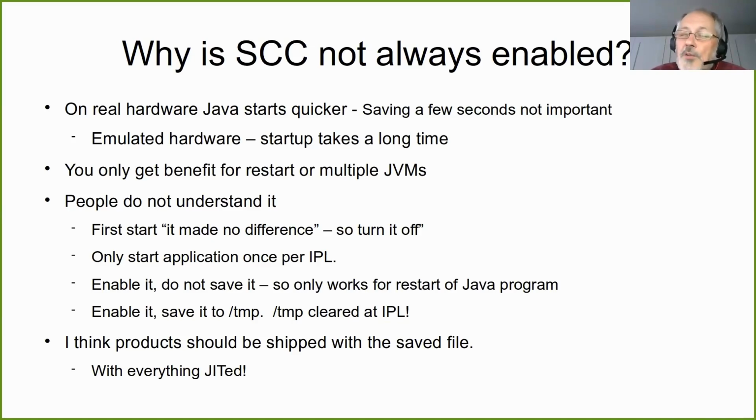So next time they IPL'd, they had to start from scratch again and say, well, we've got no benefit here. It's not helping us. I also saw one comment where they would save to the default directory /tmp, and every time they IPL the box, the procedures were to clear /tmp. Therefore, any saved files got deleted.